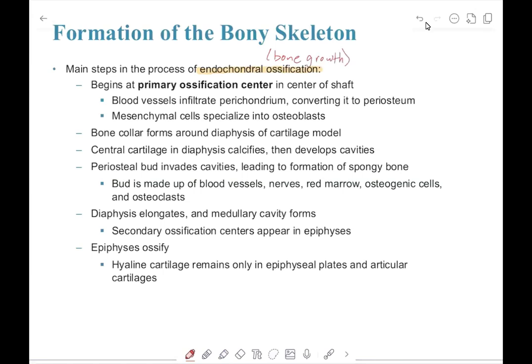For endochondral ossification, it begins at the primary ossification center. So think of that as a primary growth center. There's a bone collar that forms around the diaphysis. Then the diaphysis elongates, the medullary cavity forms, and then the epiphyses are going to ossify.